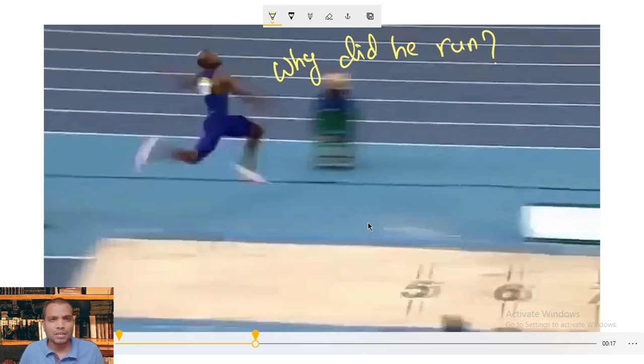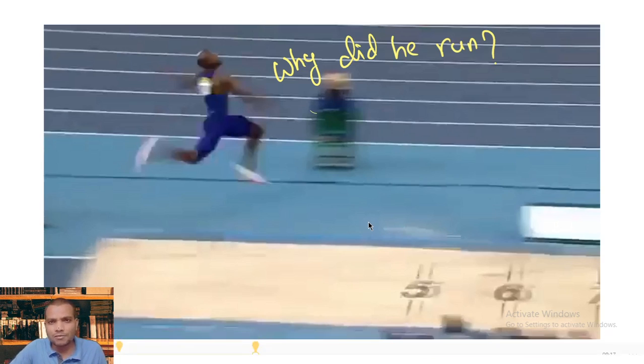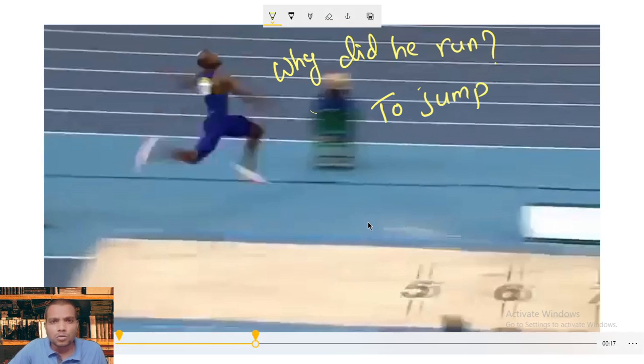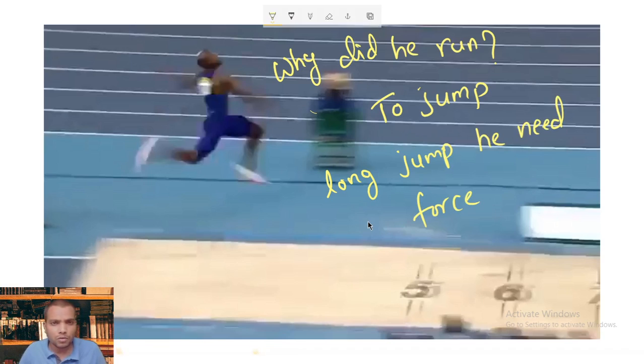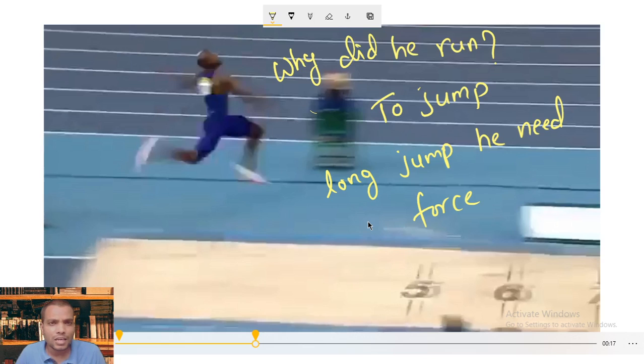Why is it necessary to run? Your answer will be to jump. And to do a good jump, it's a long jump. To do a long jump, he needs force. So how did he get the force?